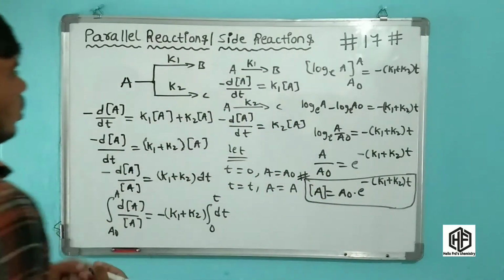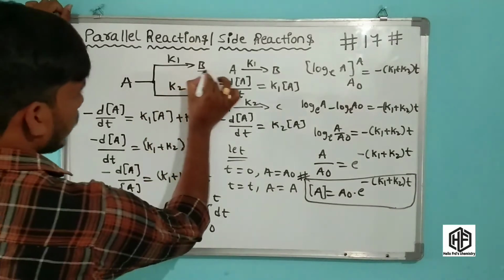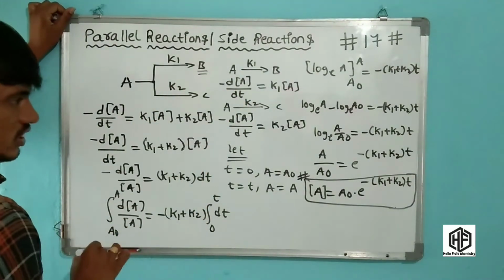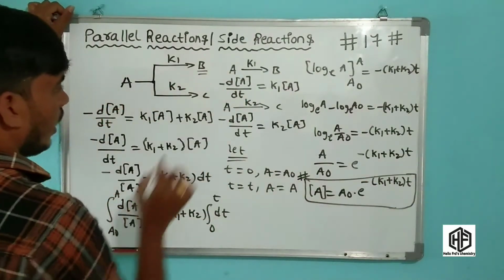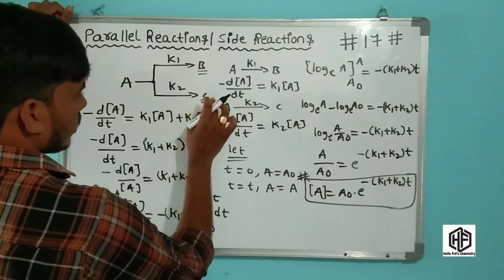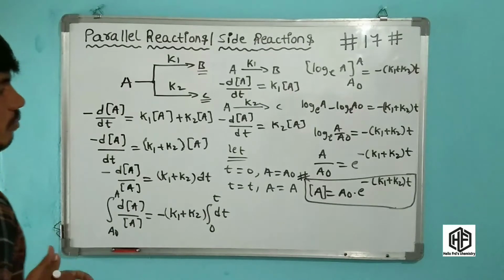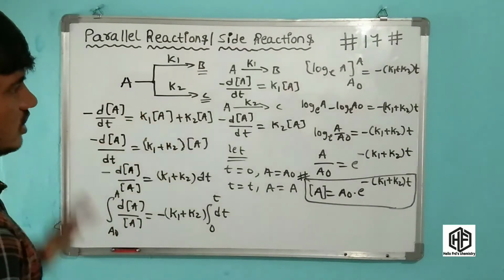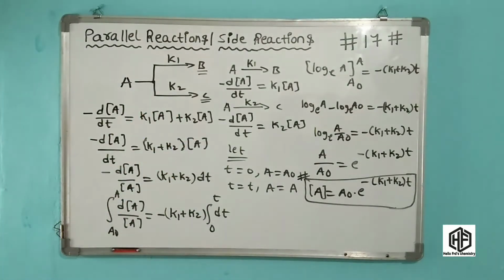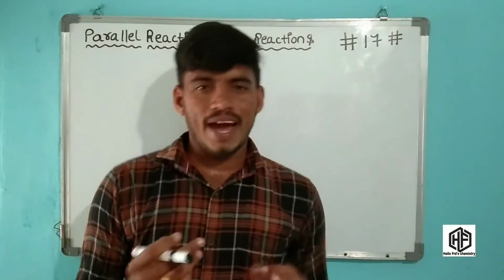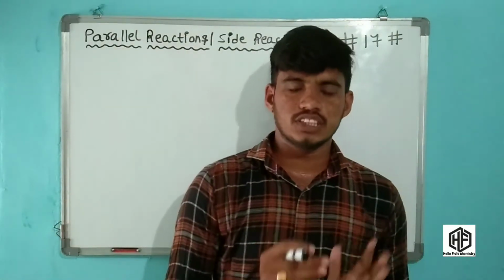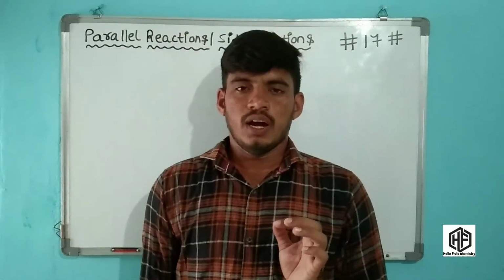Now I am going to talk about the product concentration versus time t, the product concentration of C with time. What are the expressions present there? Now this is clear, friends. In a parallel reaction, the important expression is the concentration of A with time.